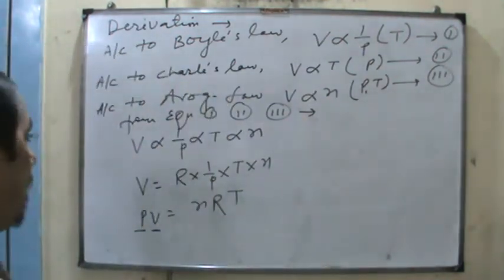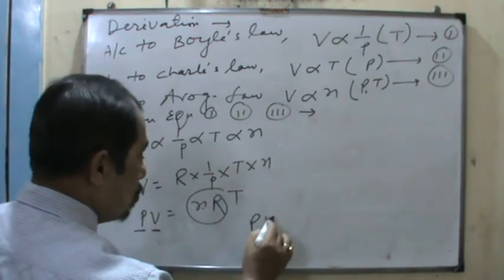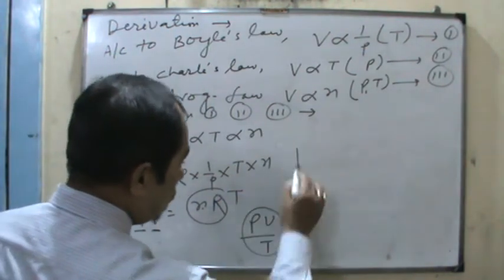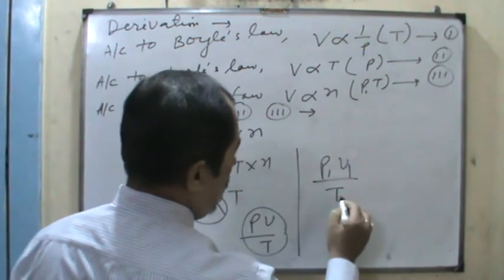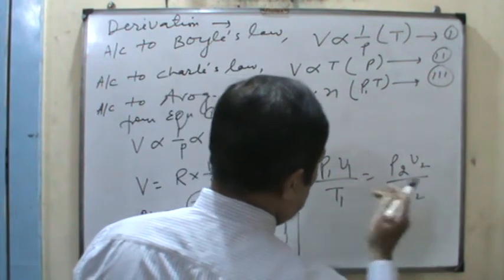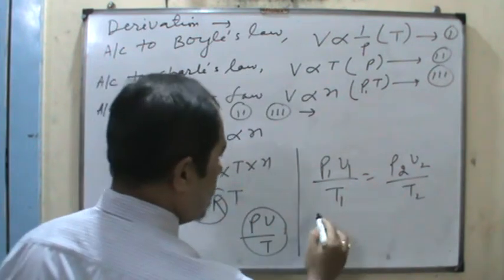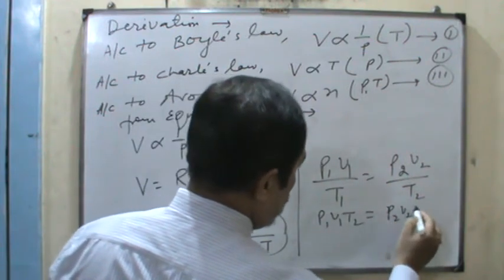So on the basis of that, if R is constant and for n moles of the gas, PV/T for the initial and final conditions gives P1V1/T1 = P2V2/T2. So you can frame it like P1V1T2 = P2V2T1.